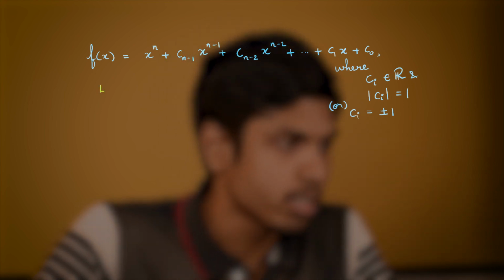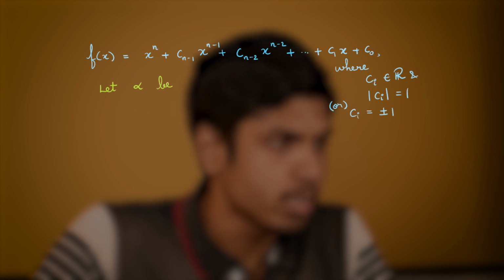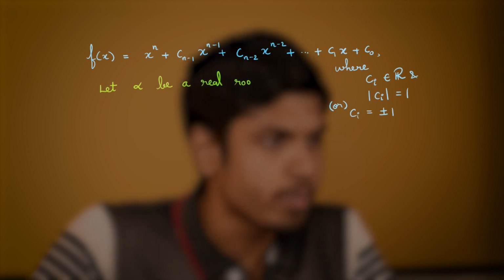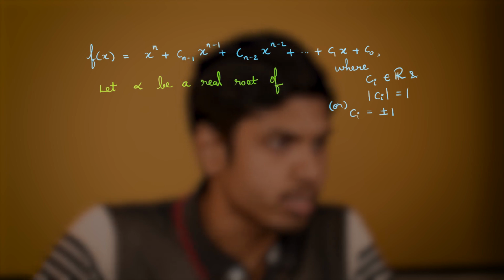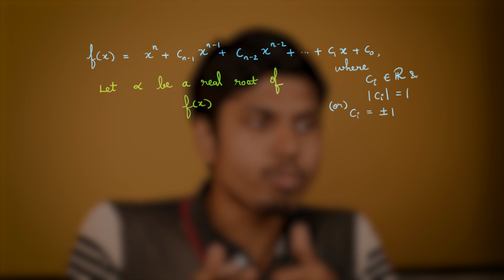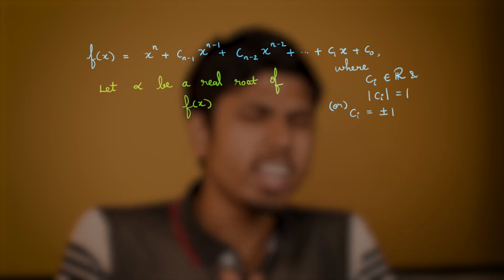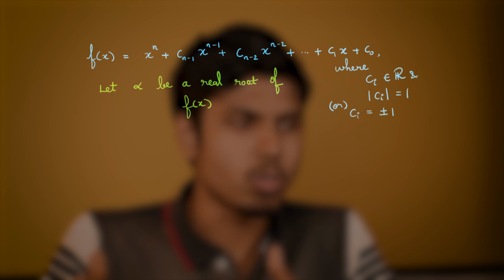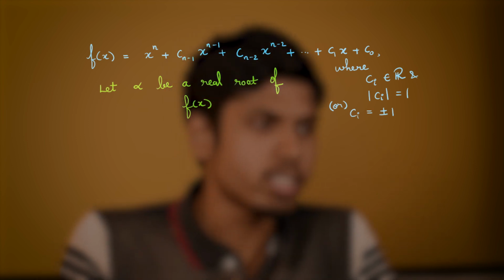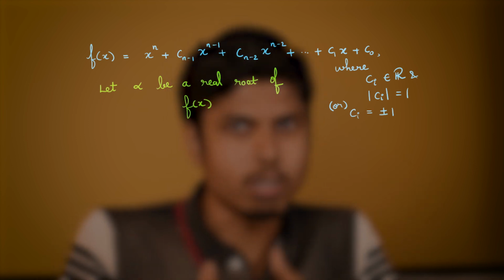So let alpha be a real root of f(x). And we are going to find how this root shall behave. Later on, we can also extend it to complex numbers. But first, let's stick to real numbers.